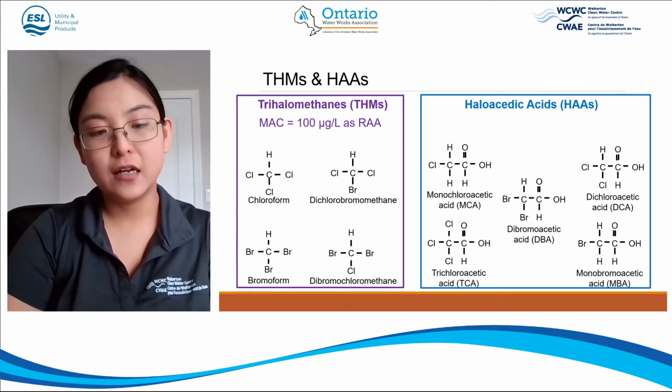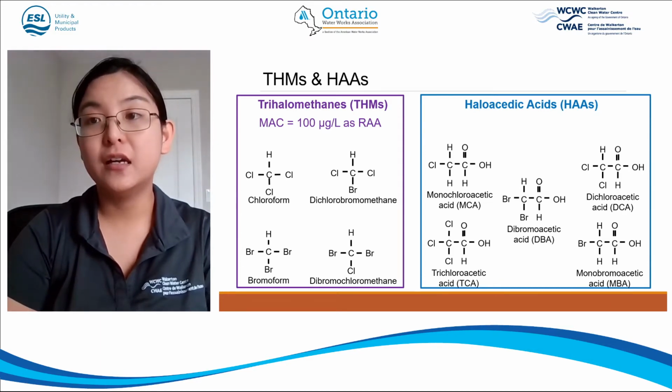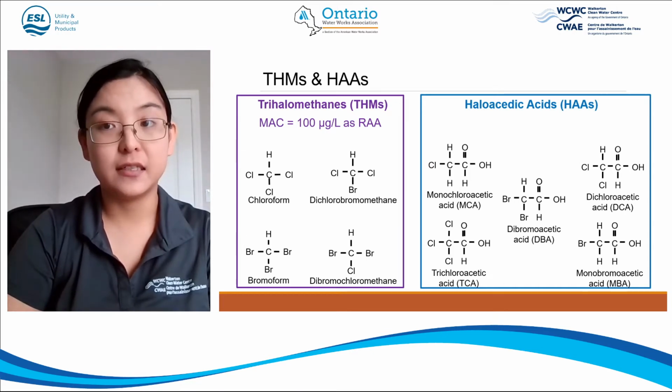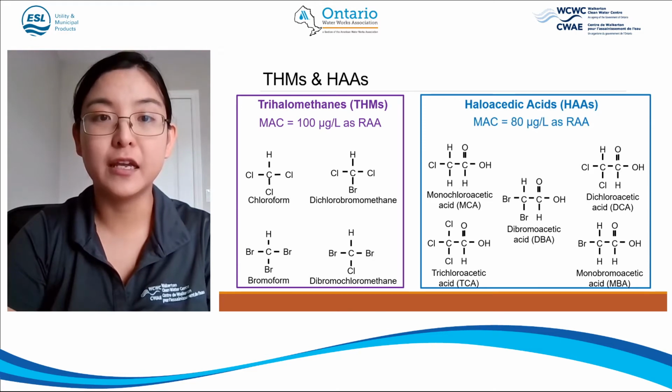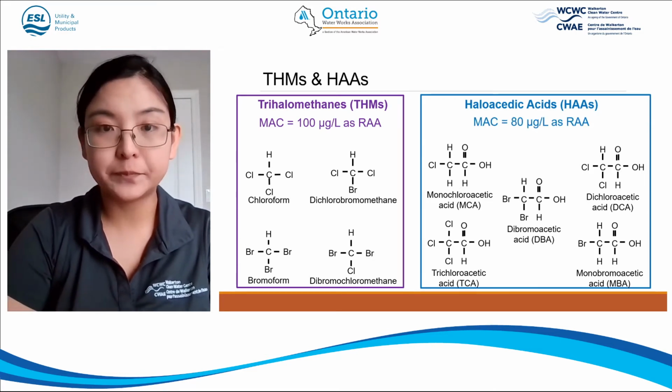So if we have one value that's over 100, but the overall average is actually lower than 100, it means there's not an adverse result. In the same way, the HAA is regulated at 80.